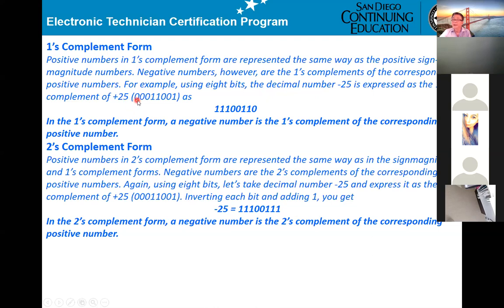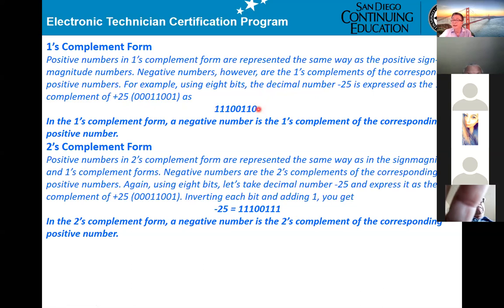That means 0, 0, 0, 1, 1, 0, 0, 1. If you calculate it into decimal, you will see that the value is 25. Okay, and now they put the number 1 on the sign bit, telling you it will be negative.